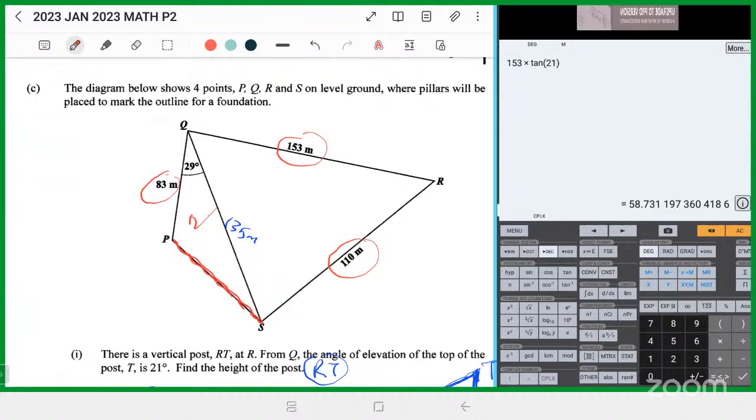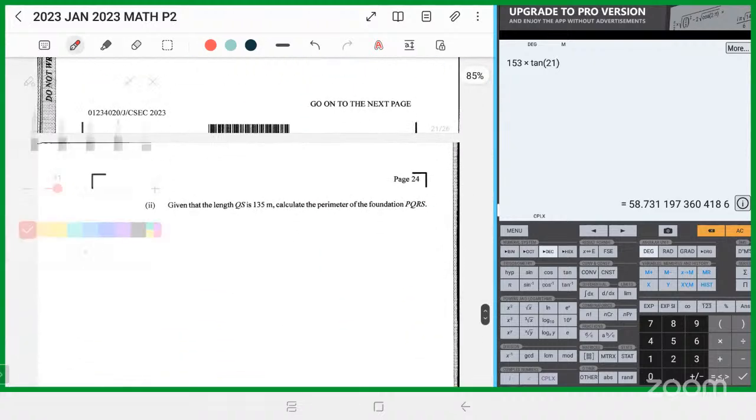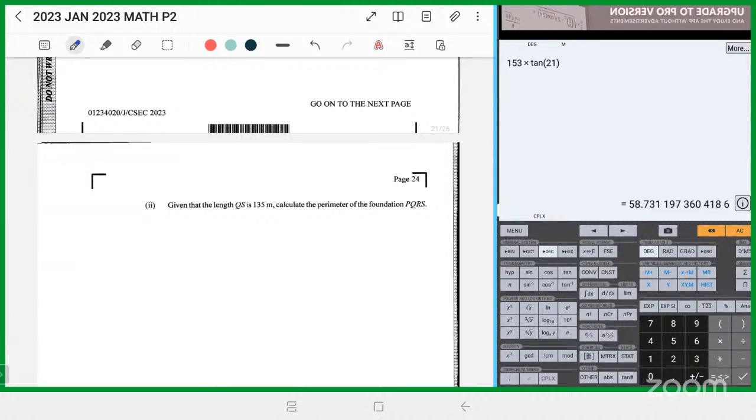After we find PS, we'll add it to these other 3. Let's do the cosine rule for PS down here.